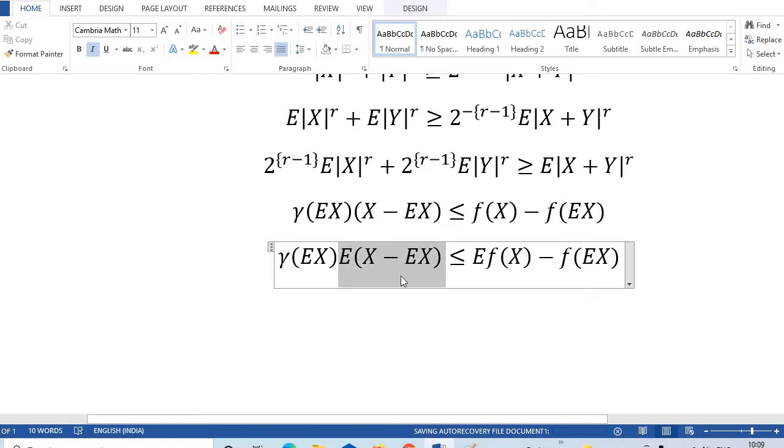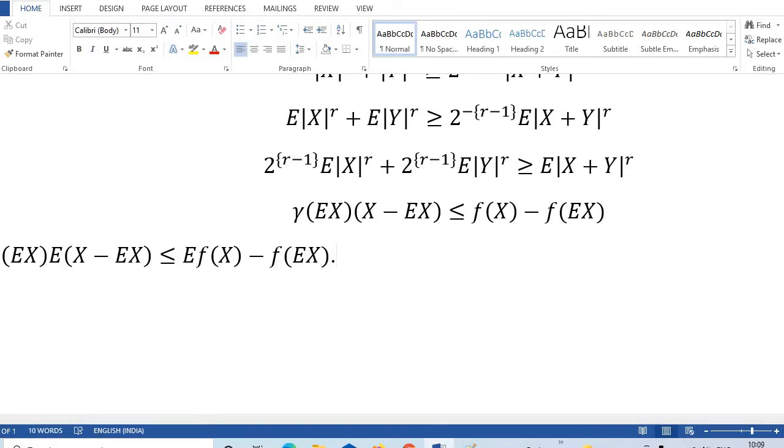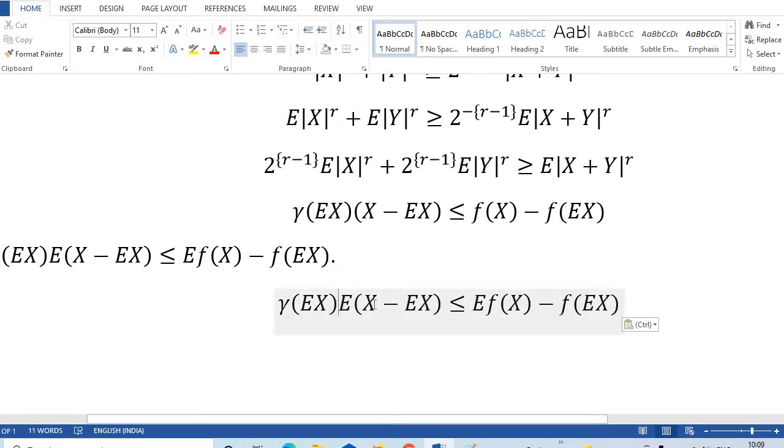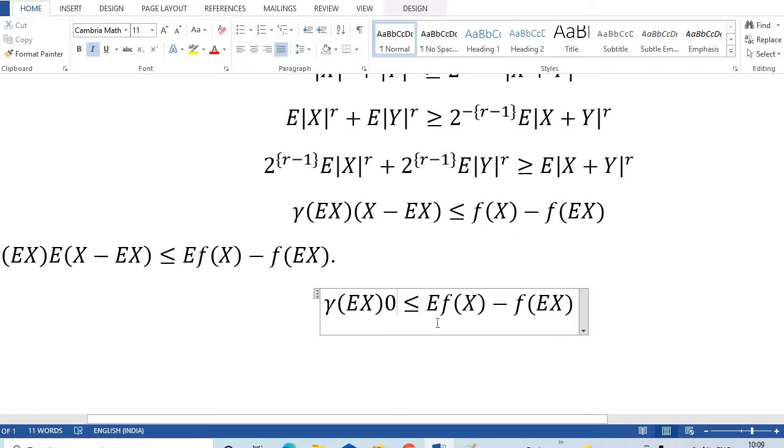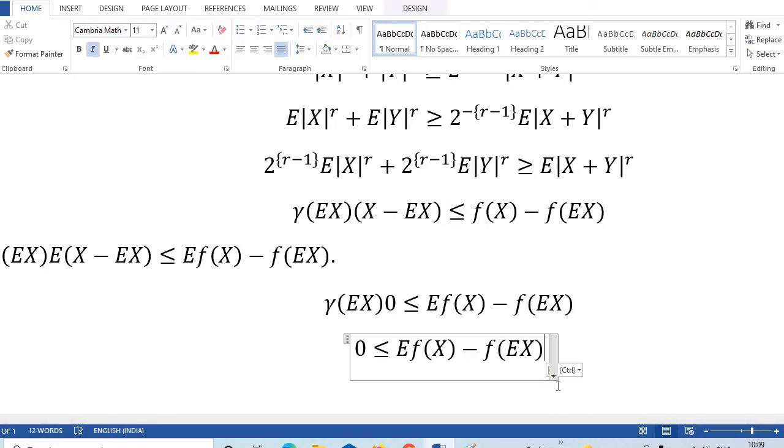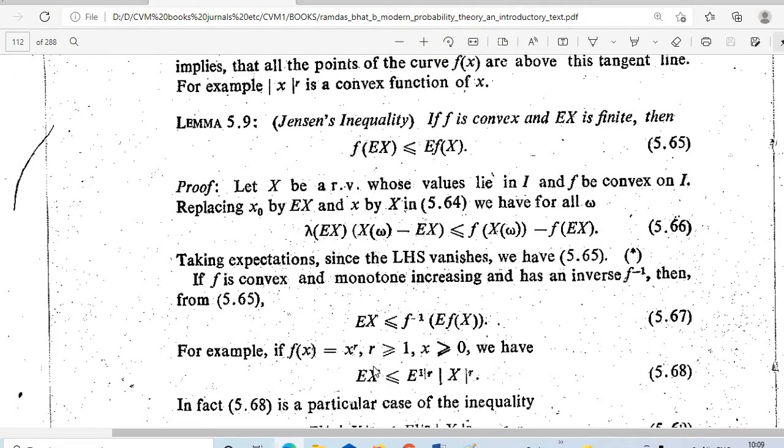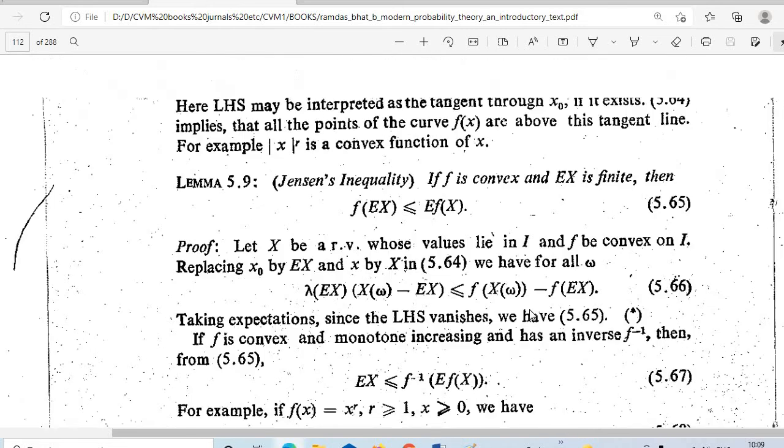The left hand side is 0, so the right side is greater than or equal to 0. So that is the result: f of expectation of x is less than or equal to expectation of f of x.